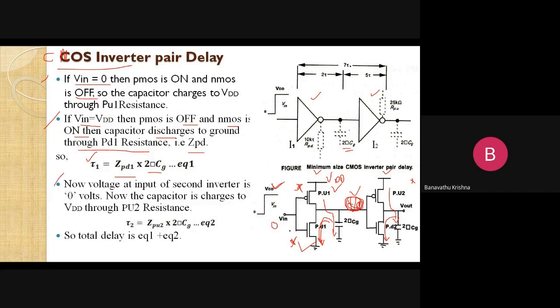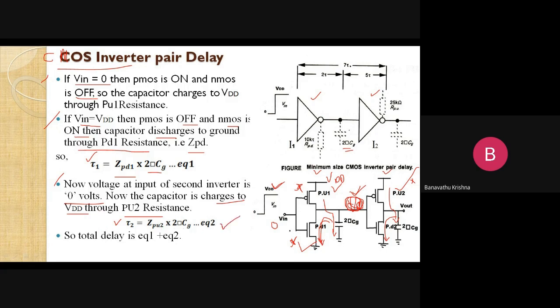So now the voltage at the second inverter is 0 volts. Now the capacitor is going to be charged towards VDD through the pull up transistor 2, that is pull up 2 resistance. Means by applying 0 as input for the second case, the pull up 2 device is in resistive mode, right? Now the delay, that is tau 2, is nothing but ZPU 2 into 2 square Cg.